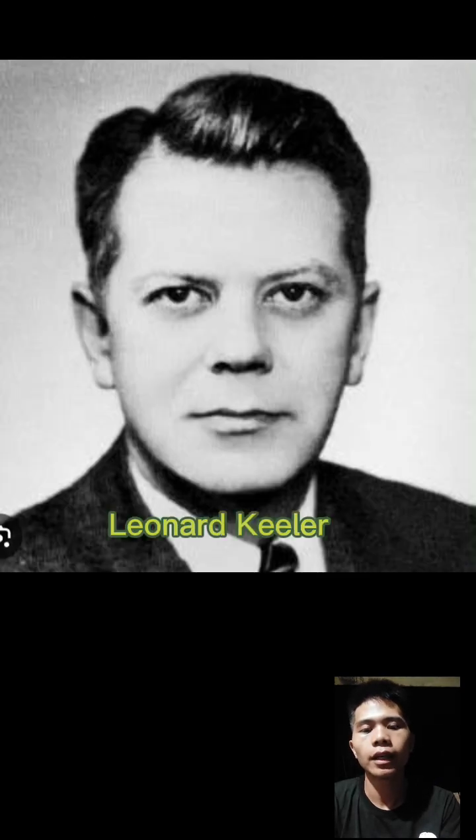14. Leonard Keeler. In 1925, an American psychologist invented a more satisfactory instrument than the one used by Larson. Later on, Keeler made additional changes in the instrument, and at the time of his death in 1949, the Keeler polygraph included an additional two units for recording blood pressure, pulse, and respiration changes.